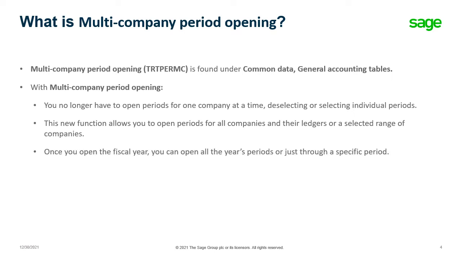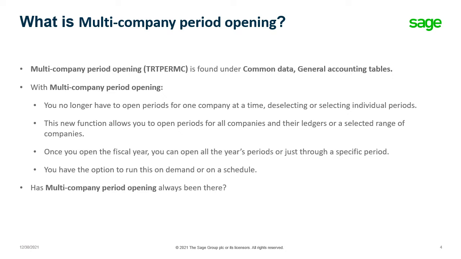Once you open the fiscal year, you can open all the year's periods or just open through a specific period. And you have the option to run this on demand or on a schedule. So if you don't want to have all the periods open at once, you can just set this up as a recurring task.